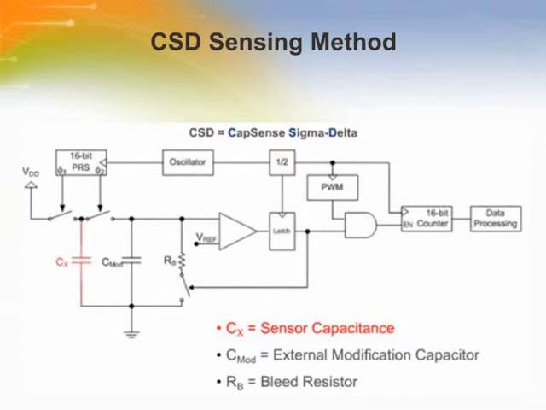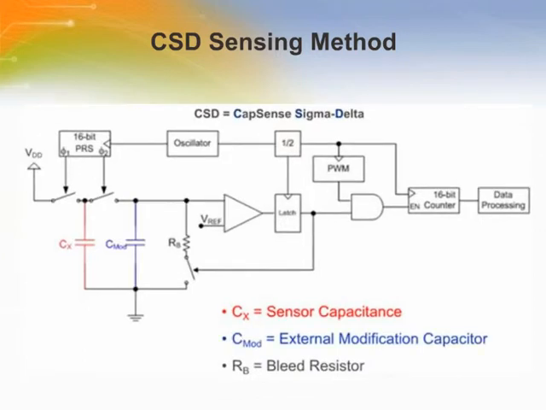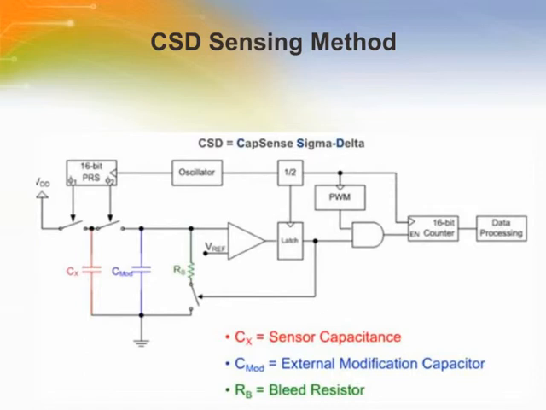The switching frequencies are controlled by a pseudo-random sequence generator. CMOD is a fixed external modification capacitor that we will continuously charge and discharge. There is a bleed resistor, RB, which drains charge off the modification capacitor CMOD.